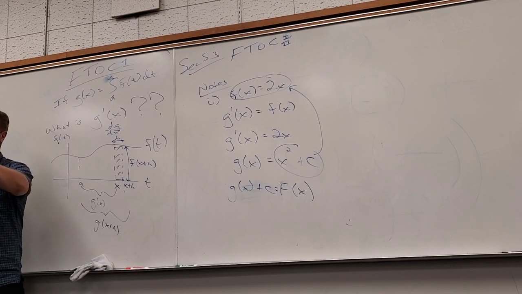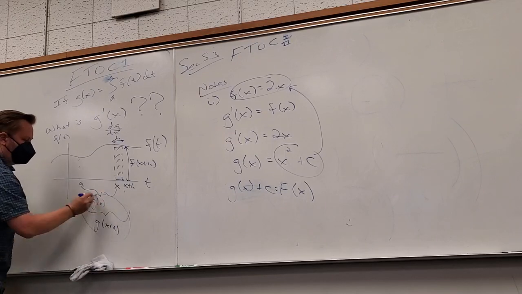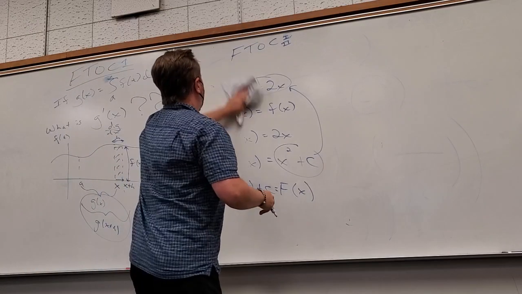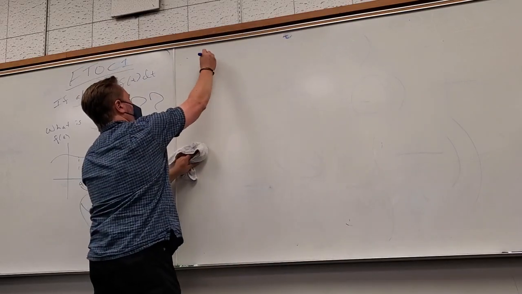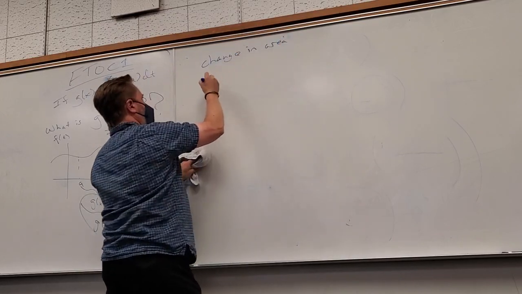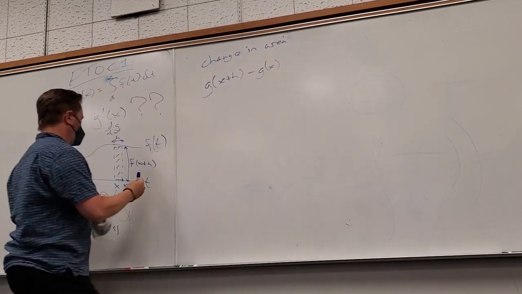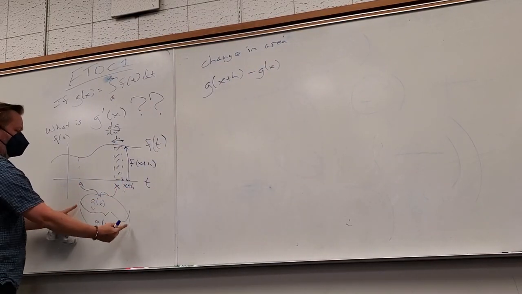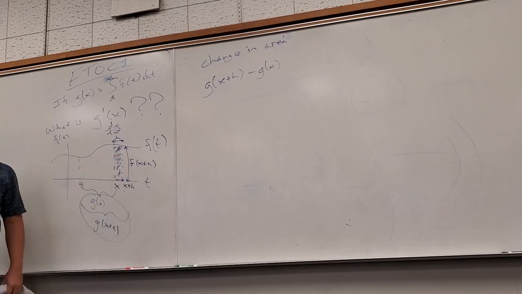So let's gather everything we just did. The change in area would be g of x plus h minus g of x, yes? If I take g of x plus h minus g of x, it has to equal this area, doesn't it? Because that's the excess area, the area I've been tacking on.